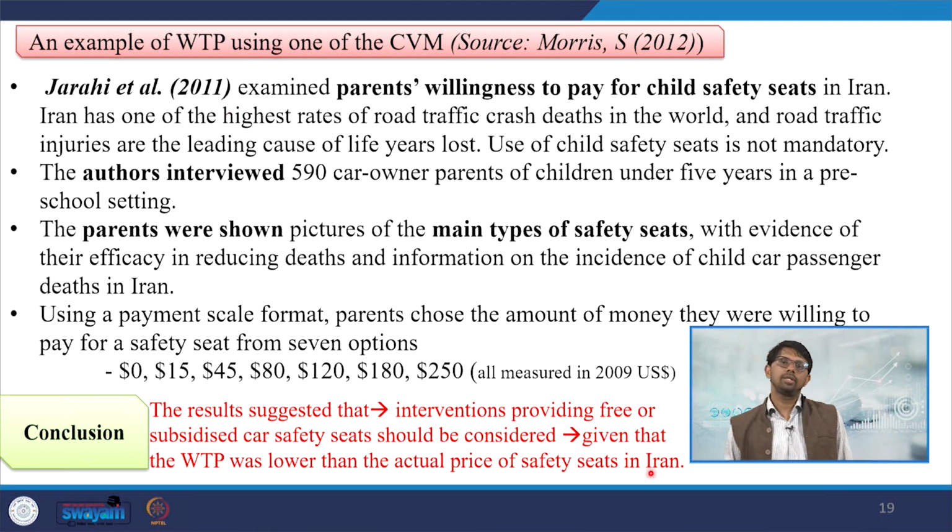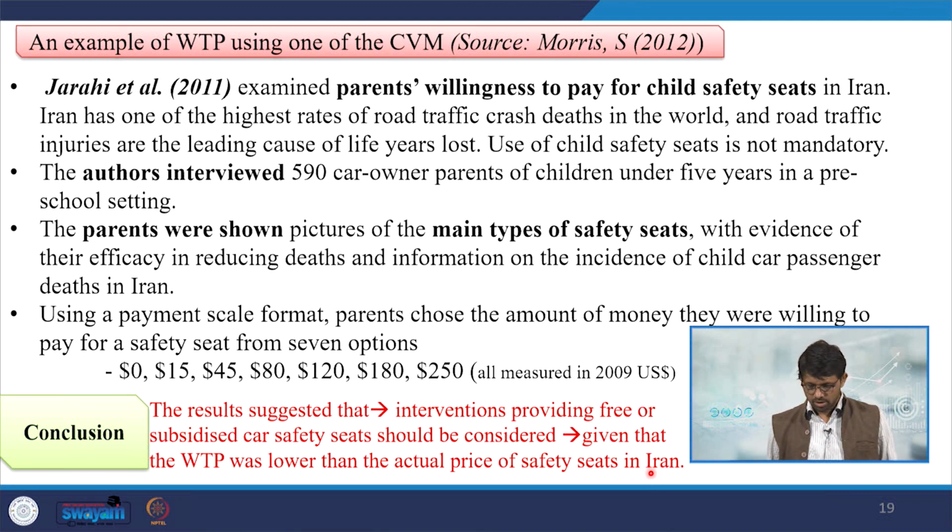So the choices given as willingness to pay are very low compared to the actual price of the safety seats. Hence, as a policy intervention, there must be free provision of these to control the number of incidences, since years of life lost is very huge in Iran.